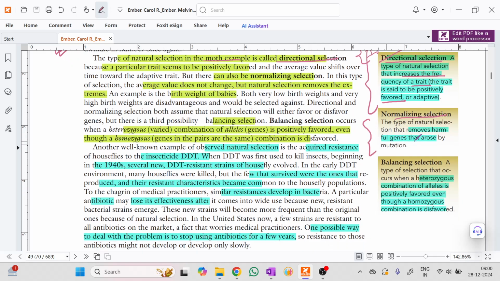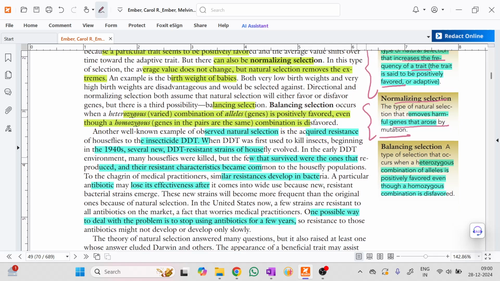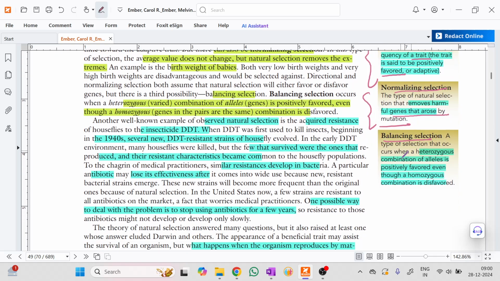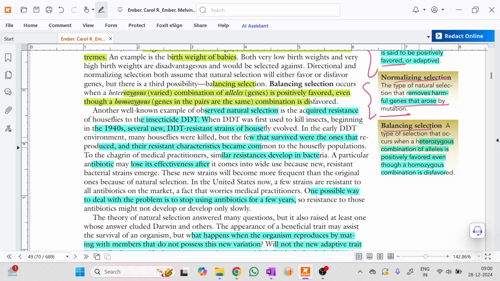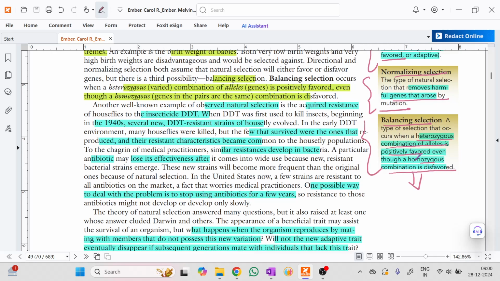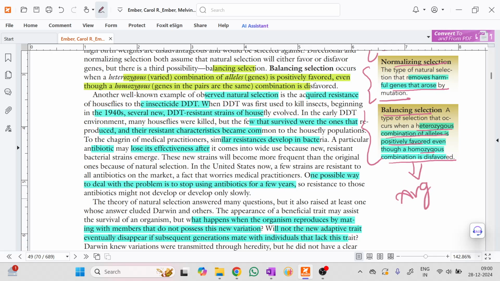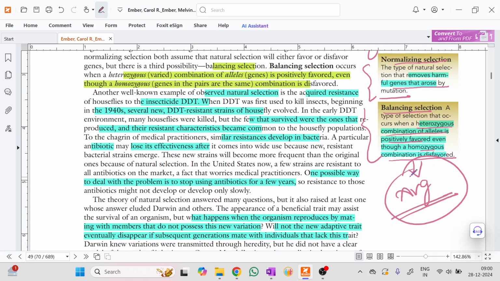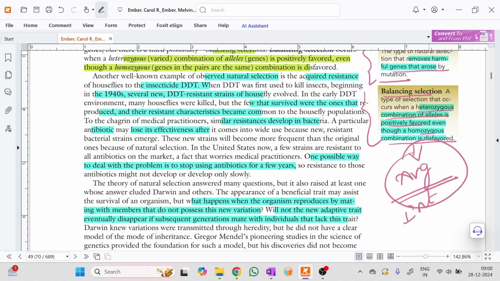This type of selection removes harmful genes that arose by mutations. And then the balancing selection. It is when a heterozygous combination of alleles is positively favored even though a homozygous combination is disfavored. This type of selection favors the average or intermediate individual.